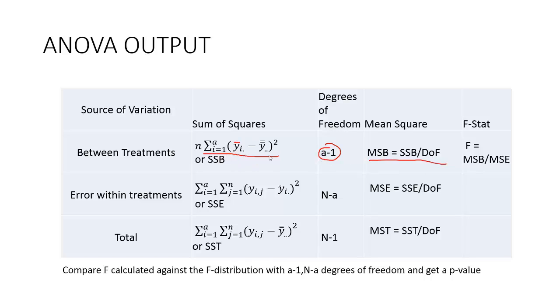So out here it's essentially like a sum of squares. Once it gets divided by that a minus 1, then it becomes that MSB, right? We're going to talk about the multiplication by n in a second, but in concept, this is a lot like the variance of the means, right?